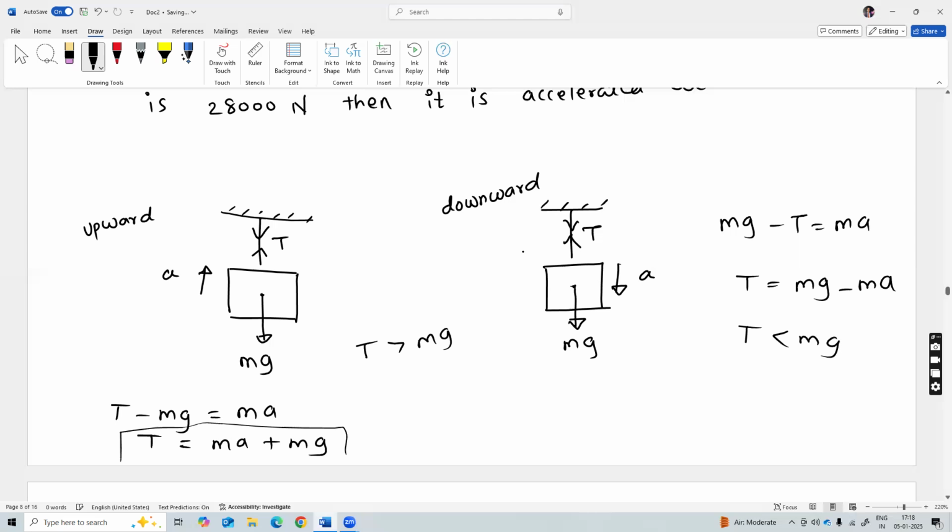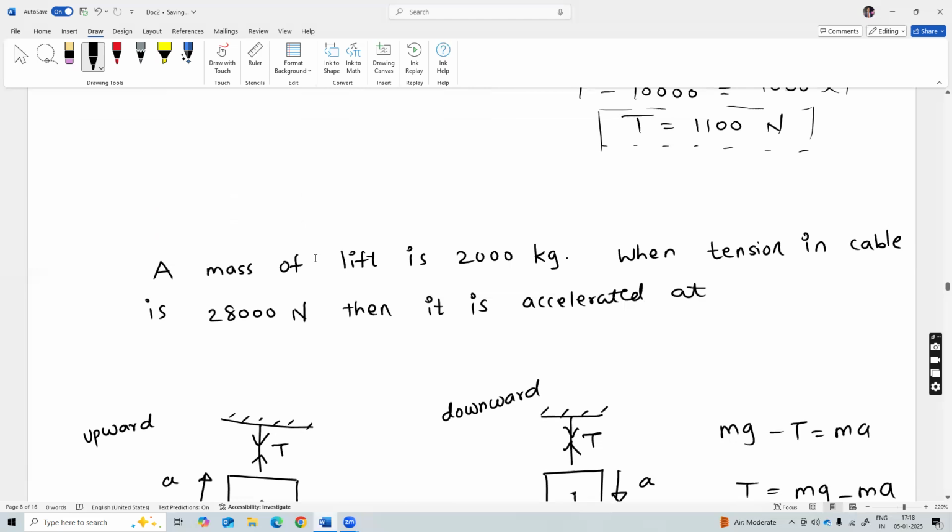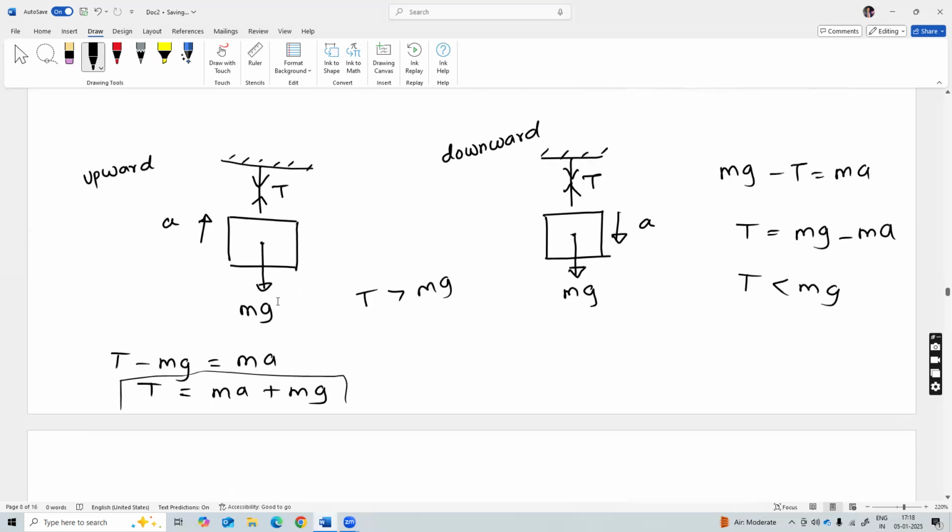Okay, so now if you see this case, the mass of the lift is 2000 kg and g is basically 10 meter per second square, so mg will become 2000 into 10, that is 20,000 Newton. So the weight of the lift is 20,000 Newton. Tension in the cable is 28,000 Newton. It tells us that the lift is moving in upward direction, because then only the tension will be higher than the weight.